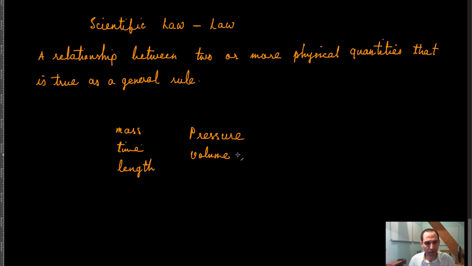If there is such a relationship between pressure and volume for all kinds of gases, then you can call that a scientific law, meaning that it has to apply to a large array of cases, or to a large number of cases.